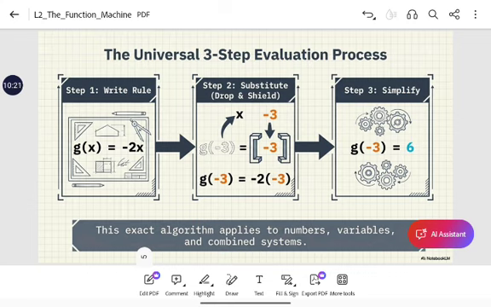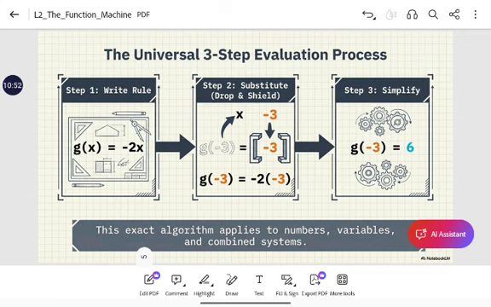Good. Now we come to how we can evaluate a given function. There is a three-step evaluation process. The first step is you have to identify the rule.